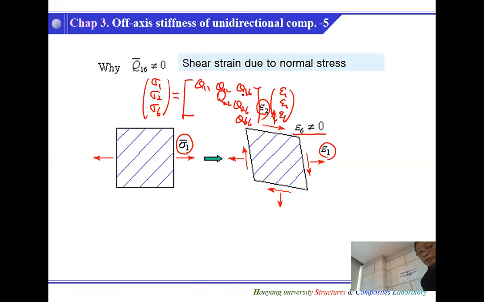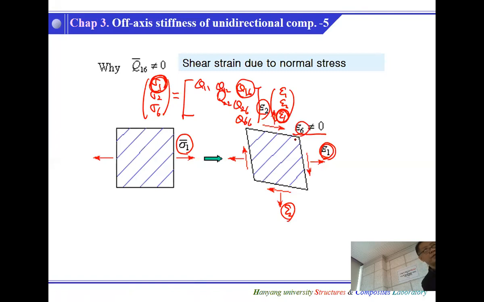Q16 is the one relating these terms. So when we apply sigma 1, we have epsilon 1 and epsilon 2 and also epsilon 6.